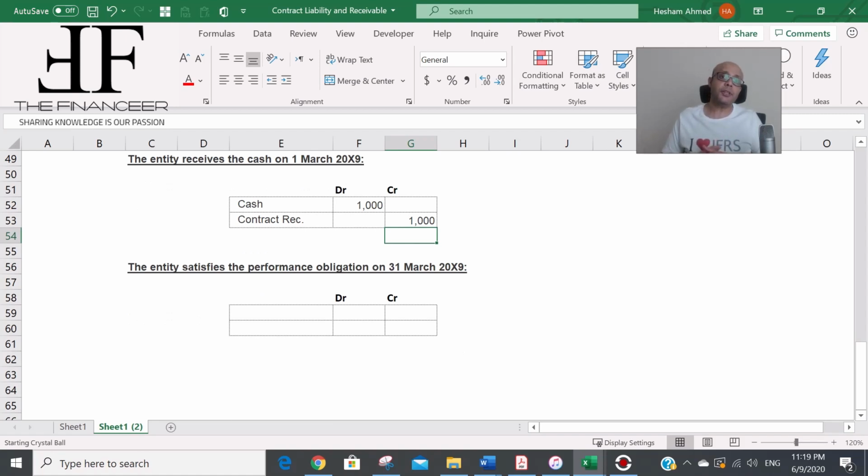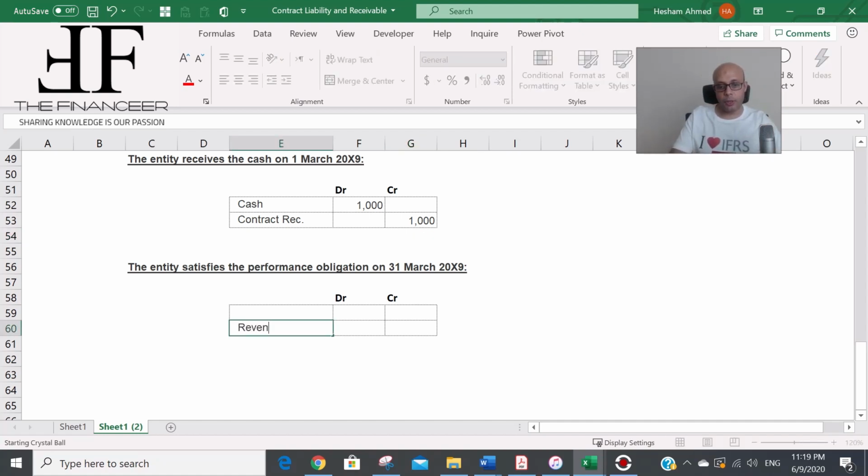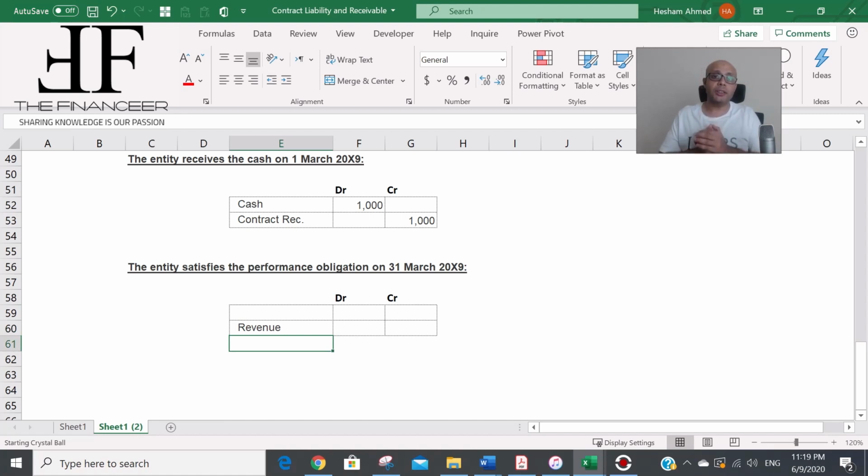And on the 31st of March, what happened? The company delivered the product to the customer. So in this case, the company transferred the control of this product to the customer, and the company must recognize revenue. So the company is going to record revenue in the credit. And on this date also, the company must close the contract liability that it had recognized before in the first entry.